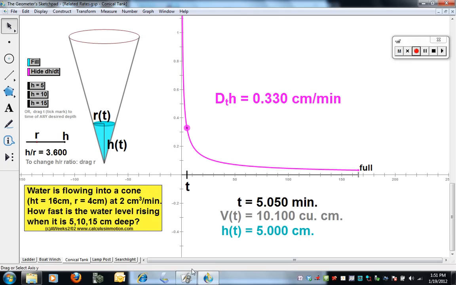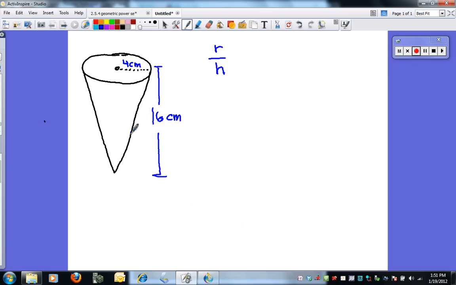So when the height is 5 centimeters, that means this radius would be 1/4 of whatever this height is, because that ratio stays consistent throughout the cone. So 4 centimeters to 16, this would be 1/4 of my height at 5 centimeters. Keep that in mind as you're doing other volume problems, especially dealing with cones.